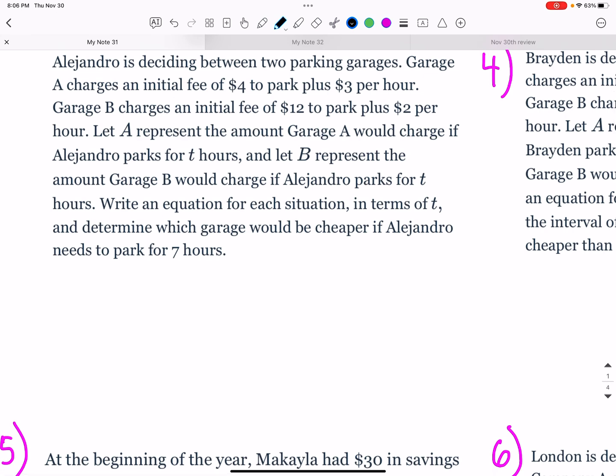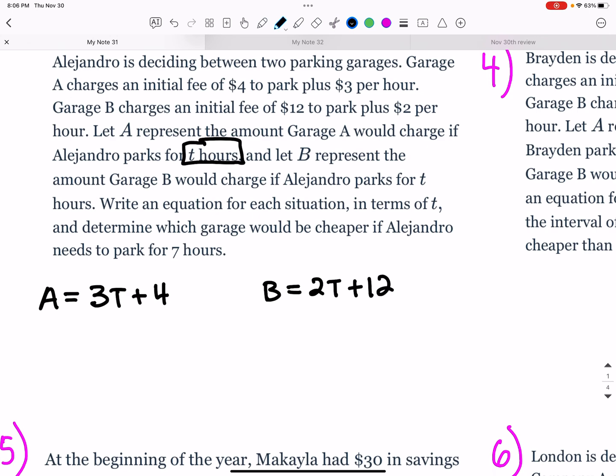Parking garage A, hours we're going to call T. A is $3 an hour plus $4, so 3T plus 4. Parking garage B is $2 per hour plus $12 to park.